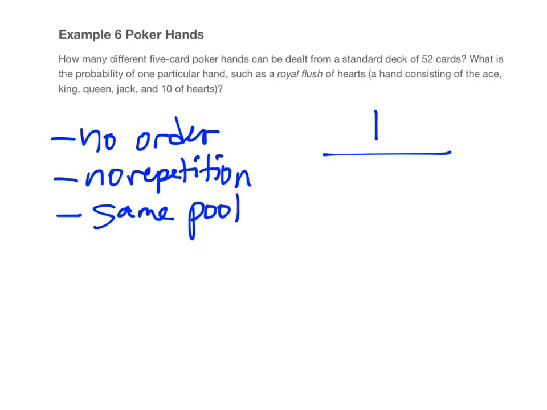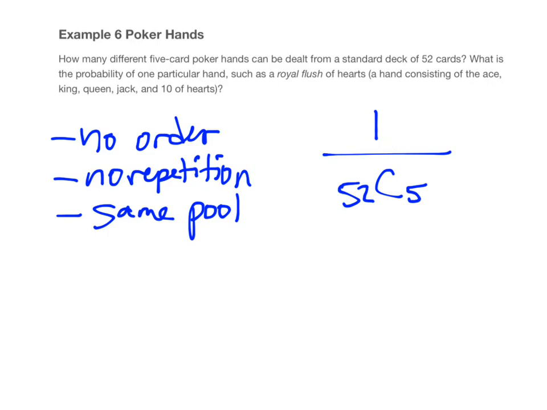This is where we use the combination 52C5, which tells us how many ways there are to choose a group of 5 cards from a group of 52 cards. So this represents the total number of hands possible, and then 1 represents the frequency of getting a specific hand.